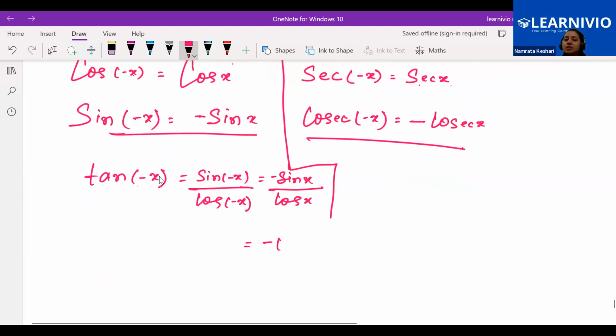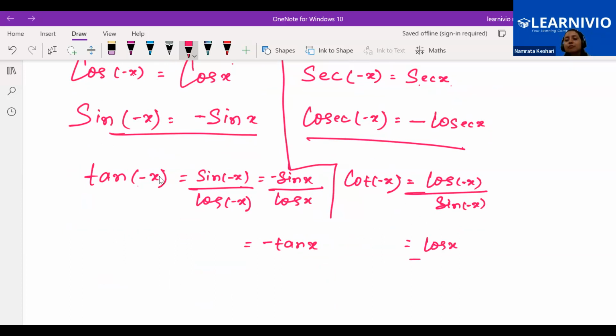Can you see it? Yes. And what about cot? Cot of minus X. Cot is also dependent on cos and sine. Cos of minus X is just cos X, and sine of minus X is minus sine X, and due to that it will become minus cot X. Got it?